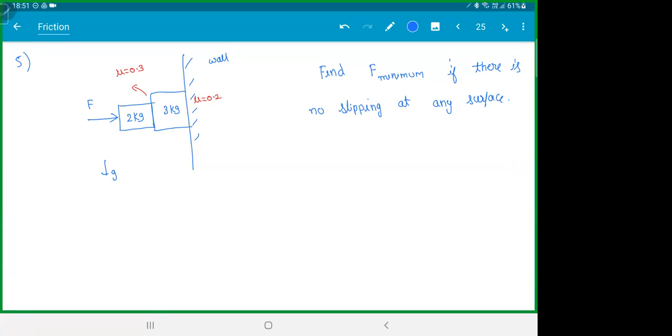Find the minimum value of F so that none of the blocks slip. Try. Just give it a try.